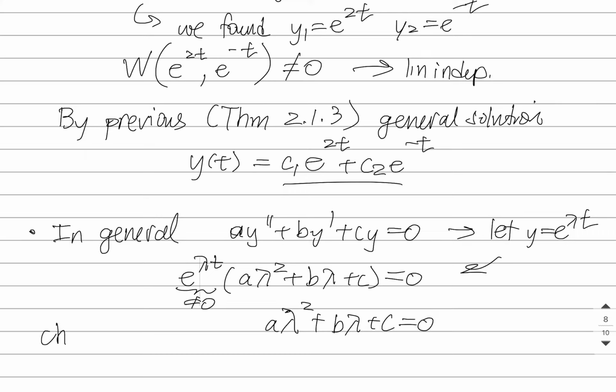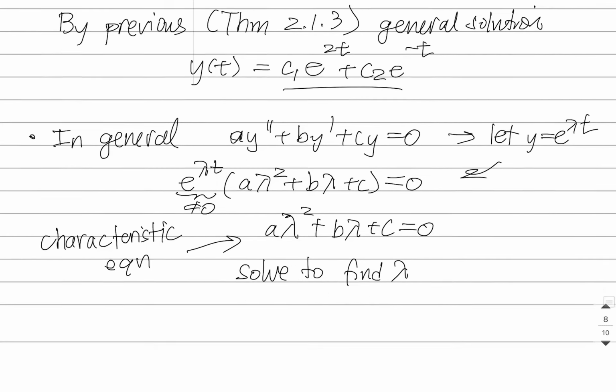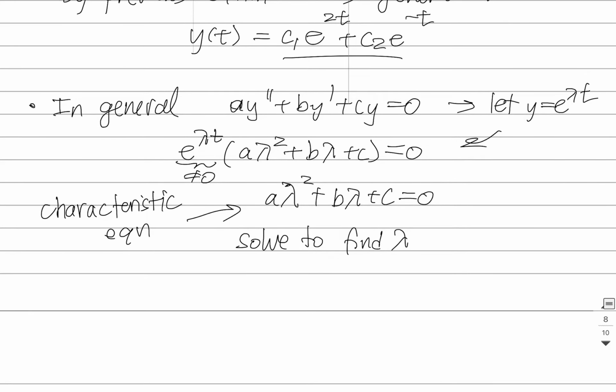This is called the characteristic equation. And I have to solve this to find the lambdas. Now, way back when, you learned how to solve quadratic equations. From the quadratic formula, this is going to be (-b ± √(b² - 4ac)) / 2a.